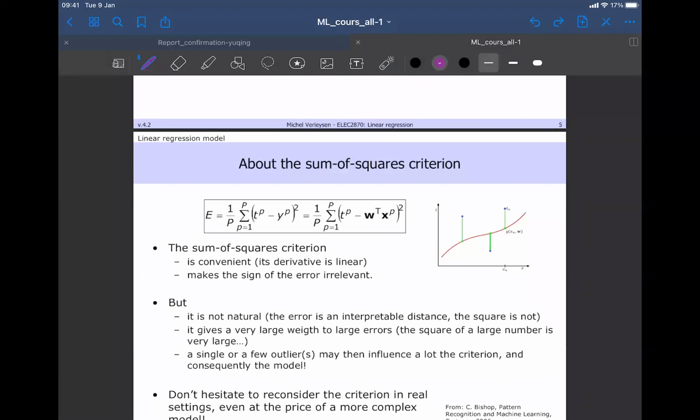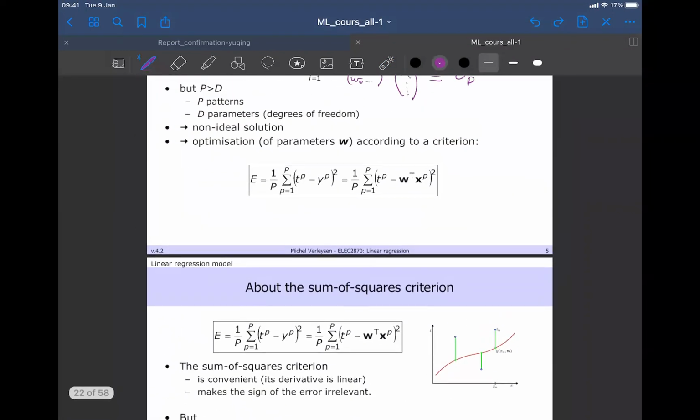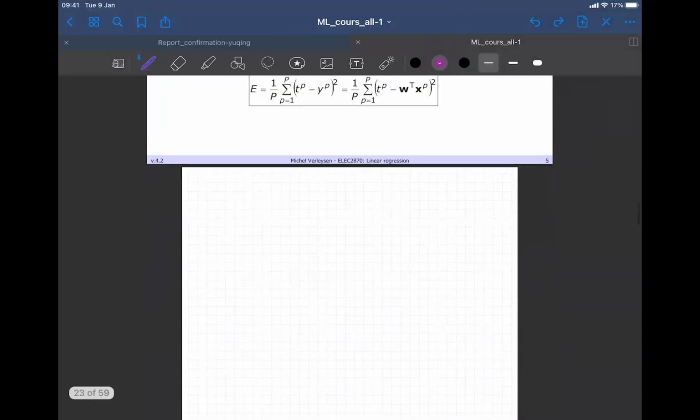Why? Let's make a very simple example. I have some points, and I have 1 point here. This is what we call an outlier because it's quite different from the rest. It's a bit extreme, but sometimes it's a bit less extreme. When you do a linear regression with the least square criterion, you will not make a line like this.